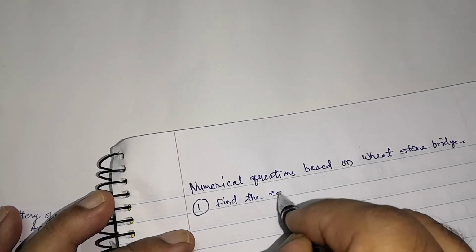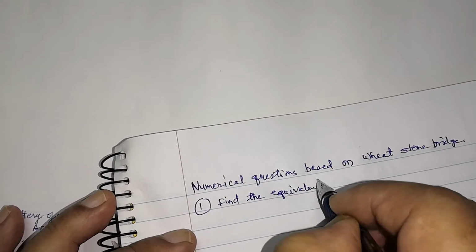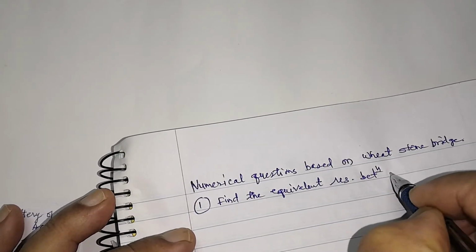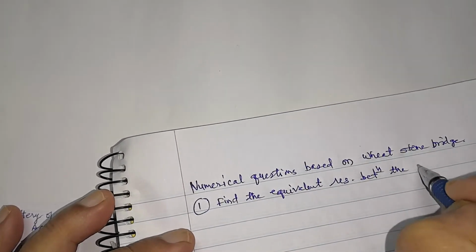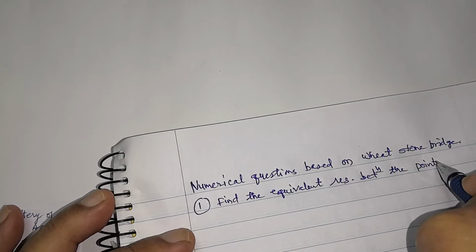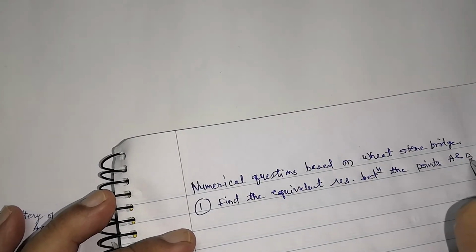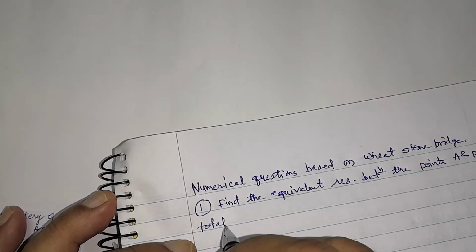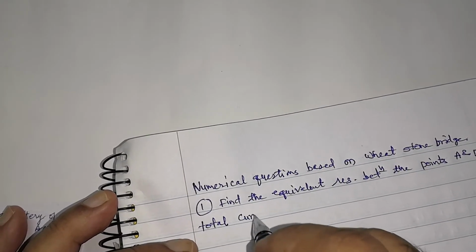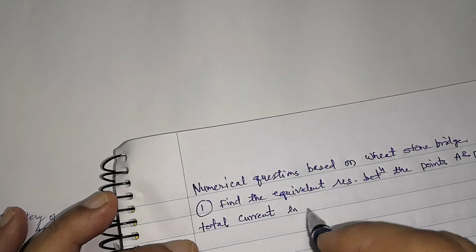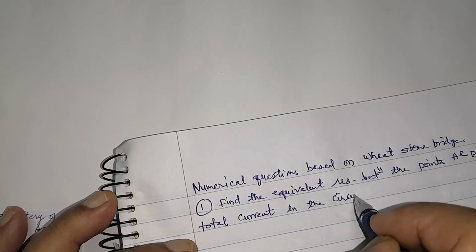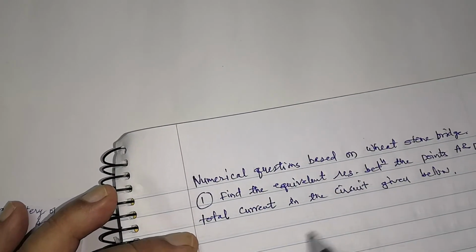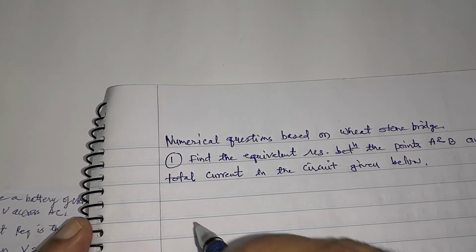Find the equivalent resistance between the points A and B and total current in the circuit given below. Let me draw the diagram.